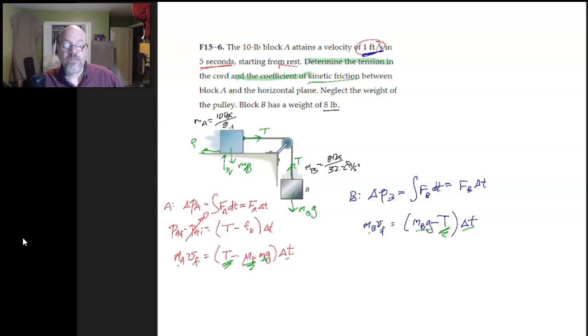So all I would need to do at that point is plug in my numbers, solve for T and solve for mu K. Obviously find T first and then plug that in over here. That's pretty easy algebra. That's 8th grade level algebra. You guys can do that, so I'll leave that to you. Anyway, that's it for this particular series.